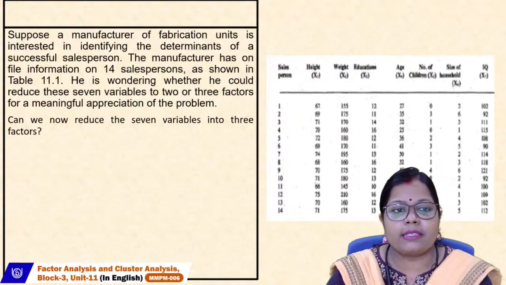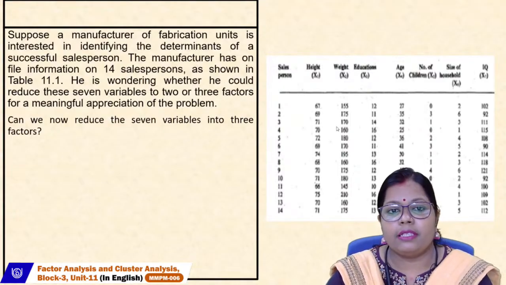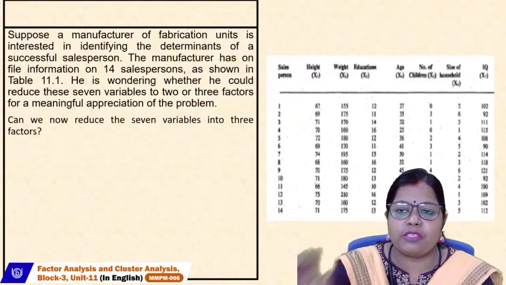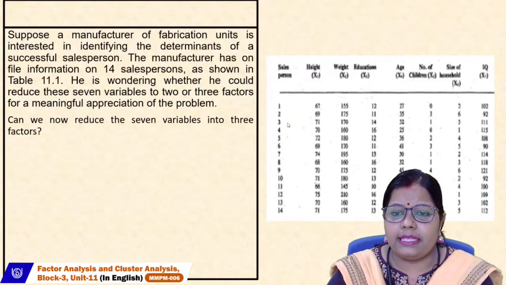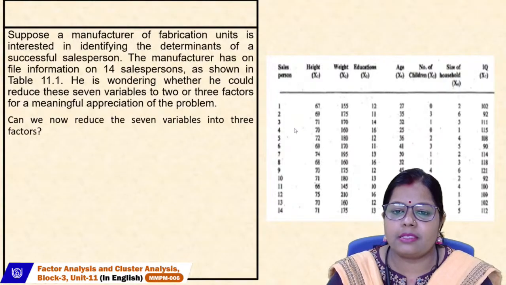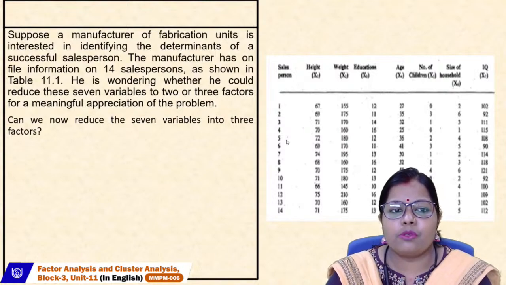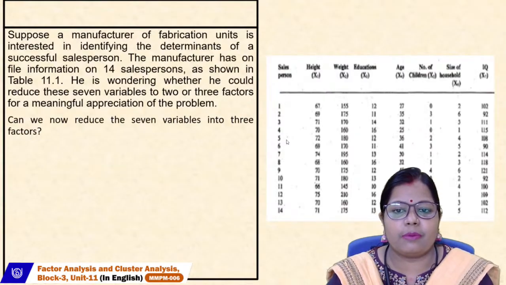He is interested in identifying the determinants of the successful salesperson. As he has 14 salesmen, he wants to define which one is the most successful salesperson among them.